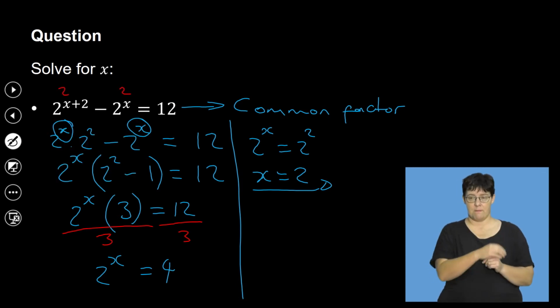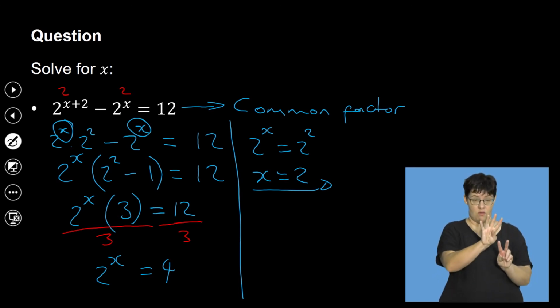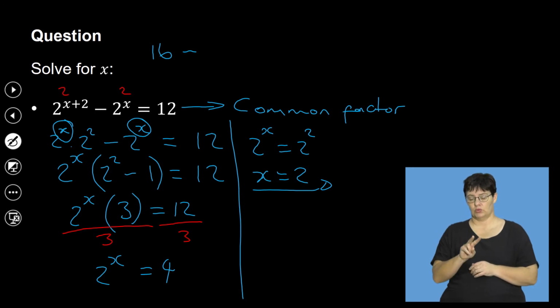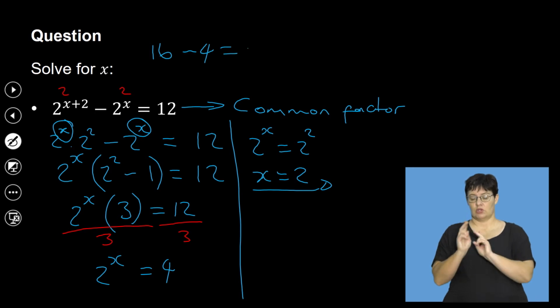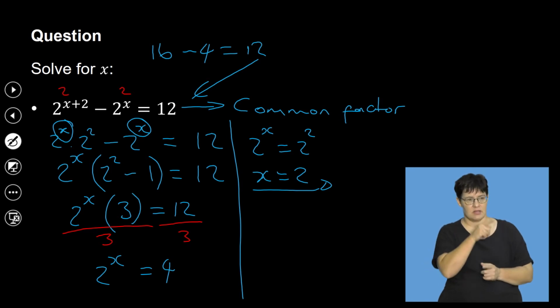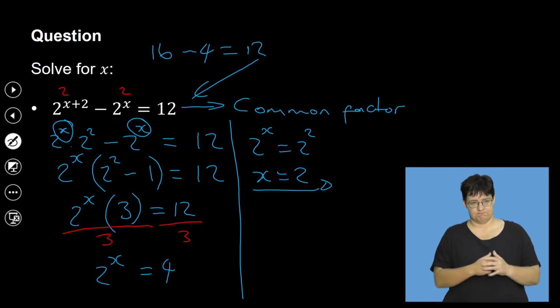So if I write it there on top, 2 plus 2 will be 4. 2 to the exponent of 4, I know will be 16, minus 2 squared, and 2 squared is 4. I minus that, and this will give me 12, which is the same as that answer there. So that will therefore mean that my answer is definitely correct.